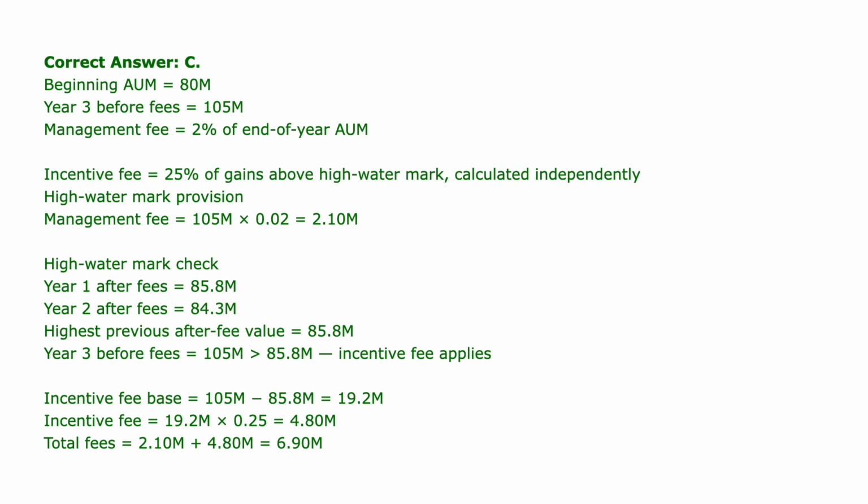Incentive base is $105 million minus $85.8 million, which equals $19.2 million. Incentive fee is $19.2 million times 25%, which equals $4.80 million. Total fees is $2.10 million plus $4.80 million equals $6.90 million. Matches option C.